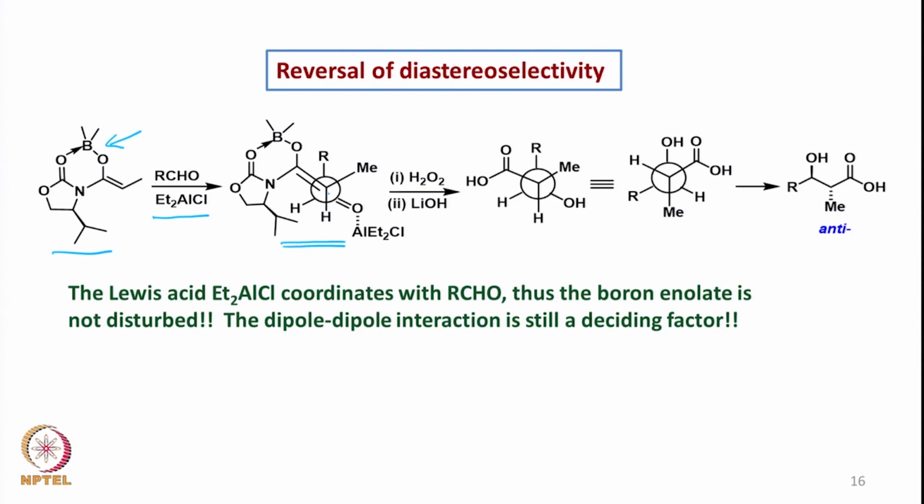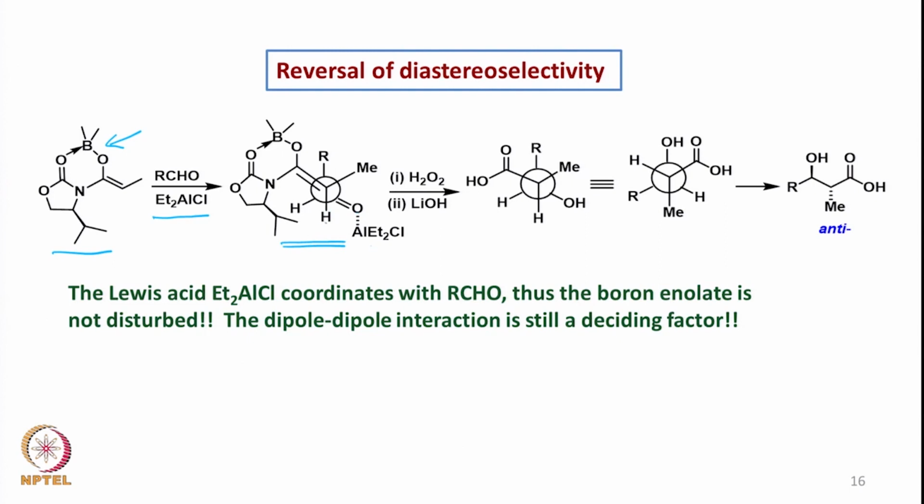Therefore the perfect orientation of this group would be somewhat like this, where R, H and ketone would be oriented in this way, that is, our carbonyl group will be oriented in this fashion.